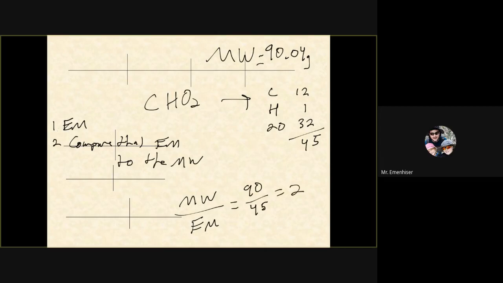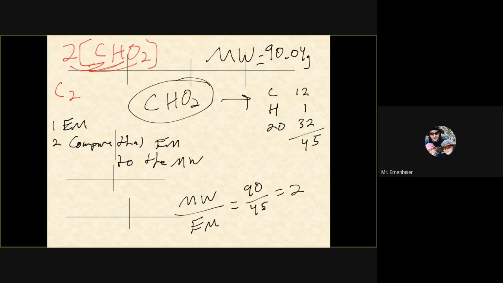So I know that the molecular formula is twice this empirical formula. So we're going to multiply that. So we're going to do 2 times CHO2 and distribute like that. So we're going to get C2H2O4. I think this is oxalic acid. Could be wrong, but I think that's what it is.